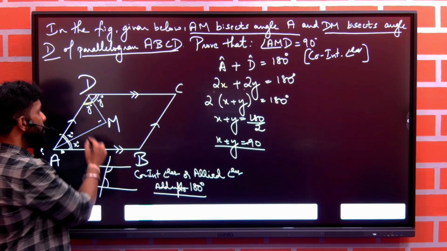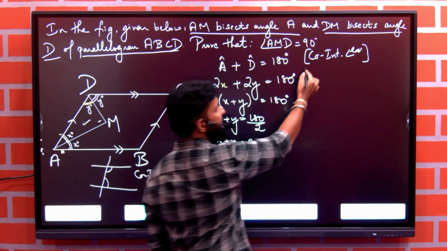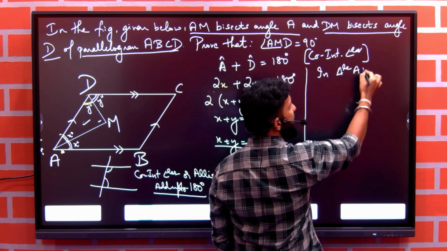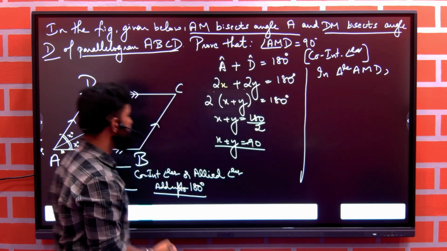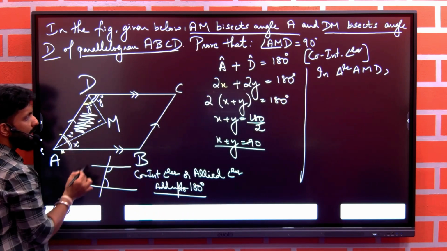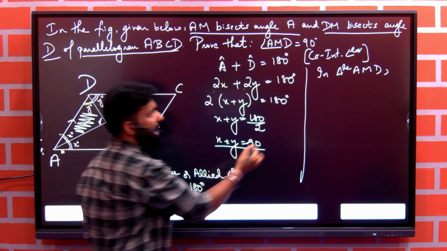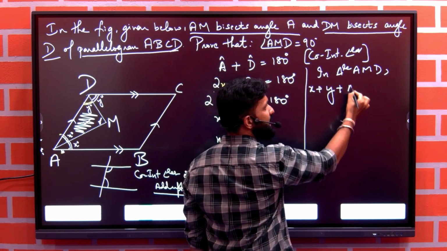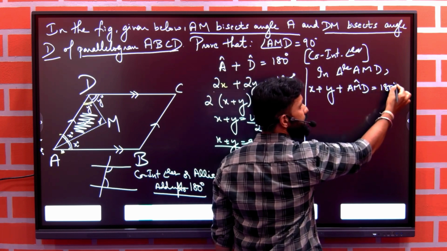Okay. Now, as usual, angle sum property. I go with this triangle. So I say in triangle AMD. In triangle AMD, what are the angles? This triangle. What are the angles? x, y, and this angle, isn't it? So I say angle x plus angle y plus angle AMD is equal to 180 degrees.